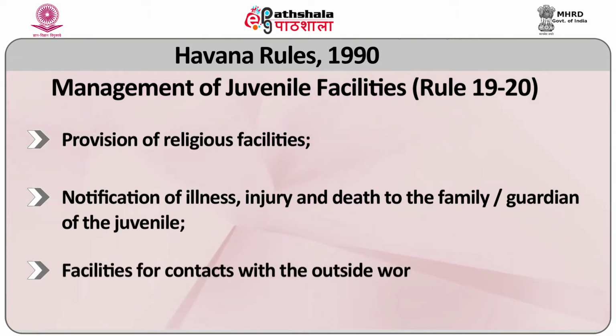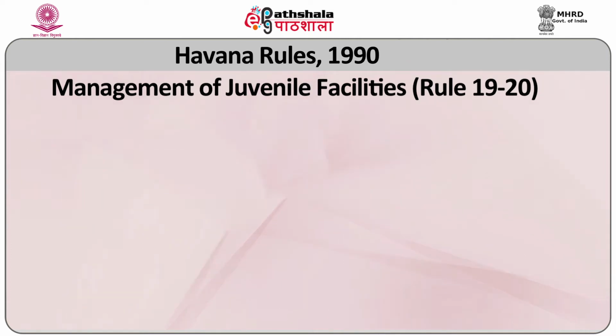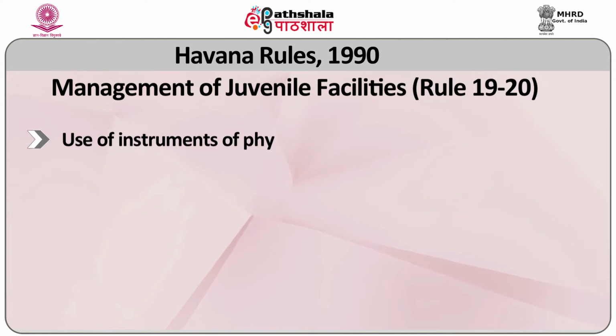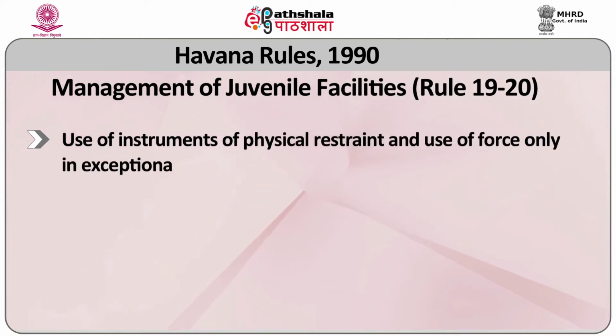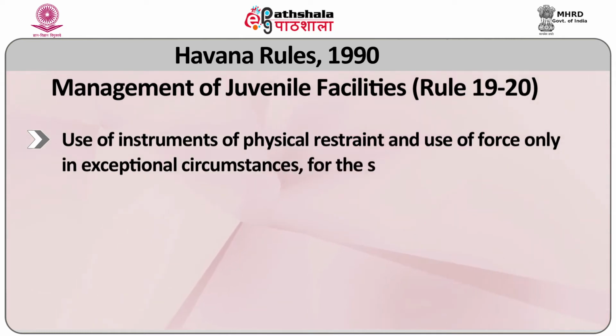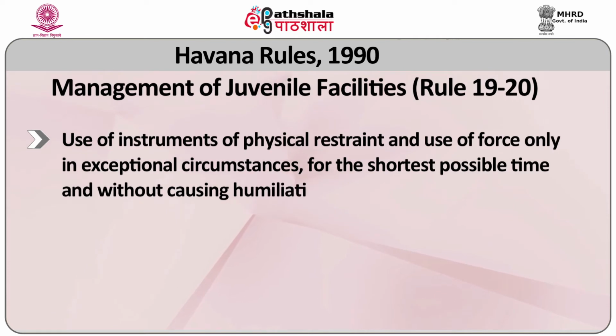Facilities for contacts with the outside world and with the wider community, 13. Use of instruments of physical restraint and use of force only in exceptional circumstances for the shortest possible time and without causing humiliation and degradation.